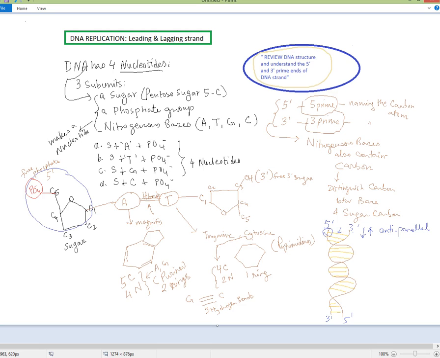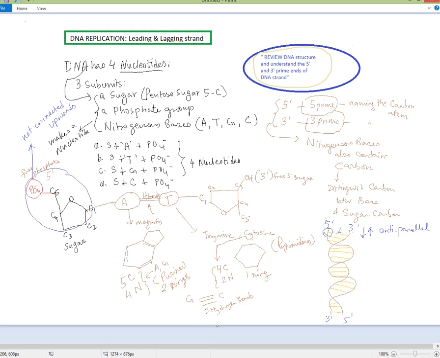Just imagine that this is the top of the DNA molecule. This phosphate group is not connected upwards to anything. It's only connected to carbon number 5.